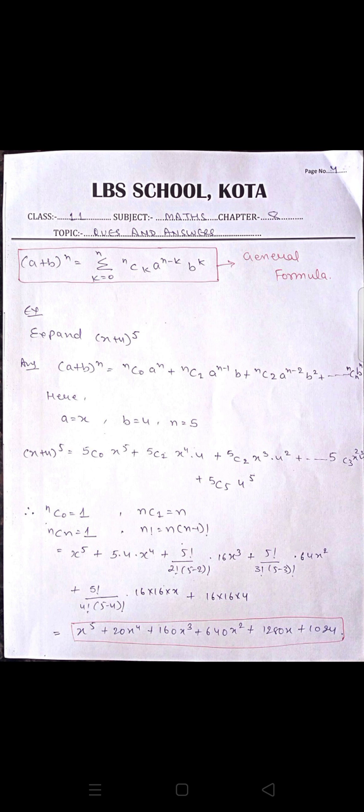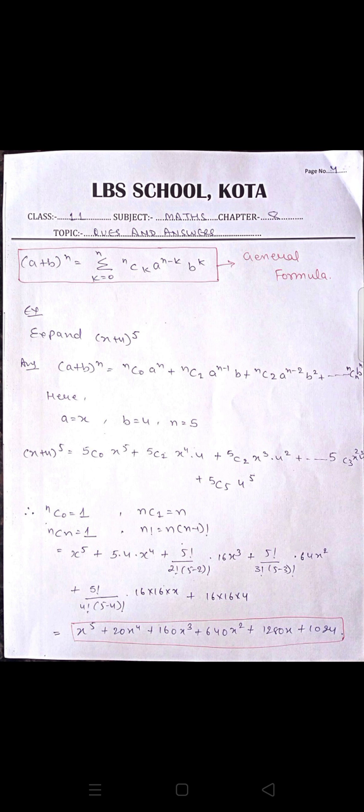So for (x + 4) to the power 5, we will get the result as 5C0 x to the power 5 plus 5C1 x to the power 4 into 4 plus 5C2 x to the power 3 into 4 squared plus 5C3 x to the power 2 into 4 cubed, and so on up to 5C5 into 4 to the power 5 into x to the power 0.